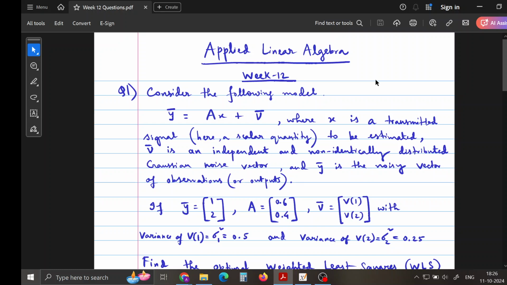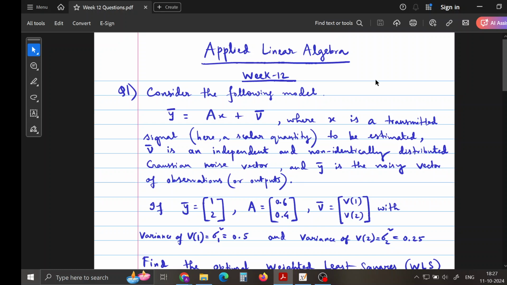Now this v bar is your noise vector, and it's a Gaussian noise vector, independent and non-identically distributed. Independence automatically implies uncorrelated, so that's fine.